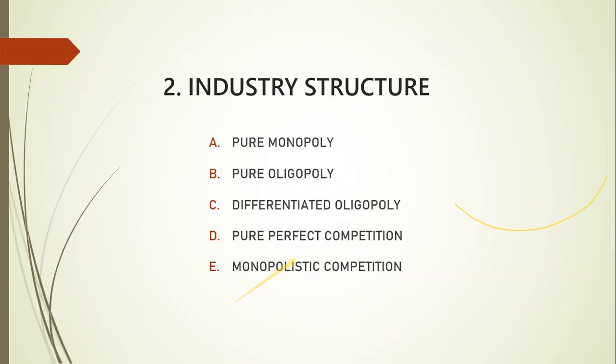The first three are good. Pure monopoly, where you don't have any competitors, is good. Similarly, differentiated oligopoly is also good. All right. Pure perfect competition does not exist at all. In monopolistic competition, only large and giant organizations will enter this particular industry.